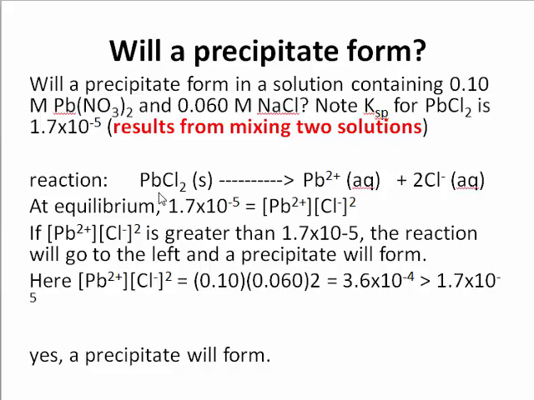The reaction we're concerned about is a solubility reaction for lead chloride, or the dissolution of this insoluble compound. Lead chloride goes to lead and 2 chloride. And the equilibrium expression would be 1.7 times 10 to the negative 5 equals lead concentration times chloride concentration squared at equilibrium.